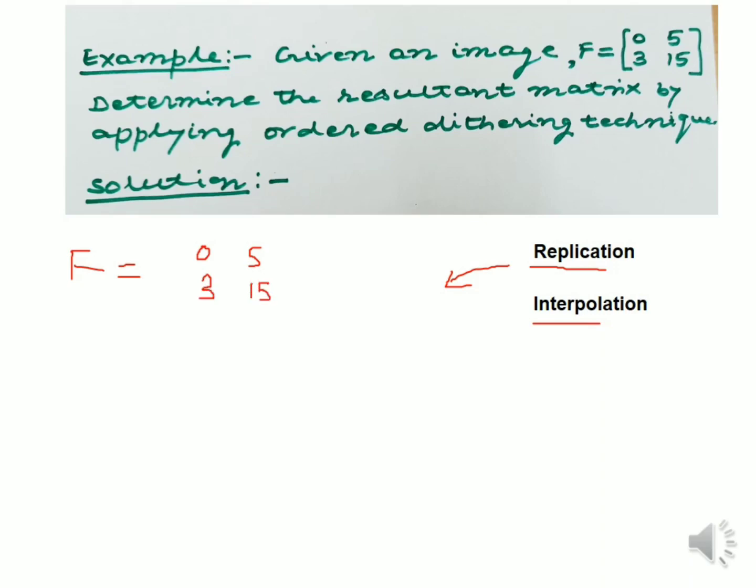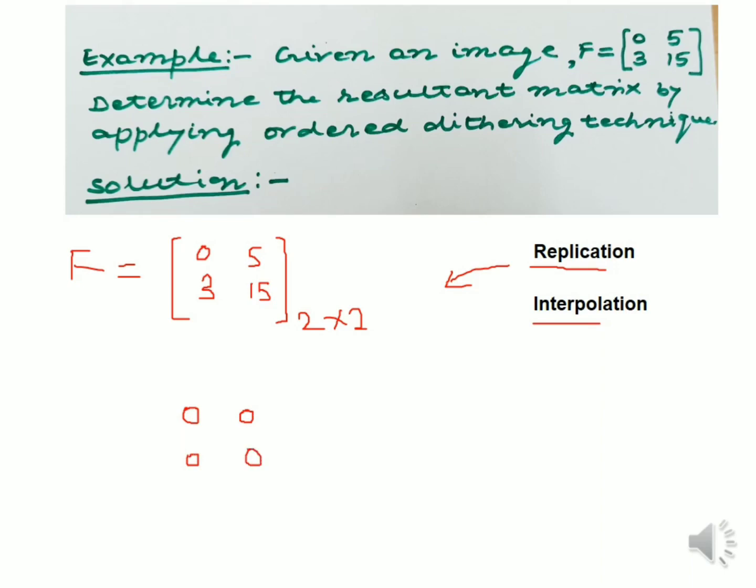These are the pixel intensity values. So in the case of the replication, this 2 cross 2 image can be enlarged into 4 cross 4 image. The enlarged image can be written as replicating these values in the neighbors itself, like 0, its nearby value 0, neighbor value 0 and 0.